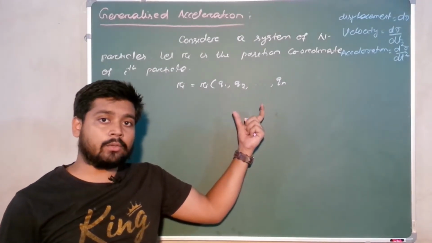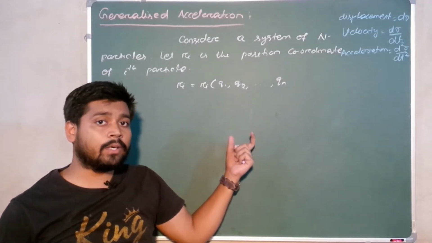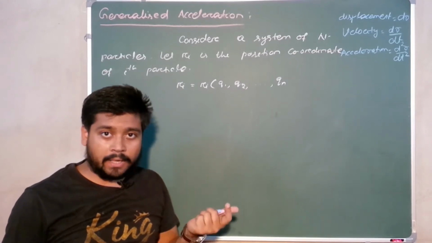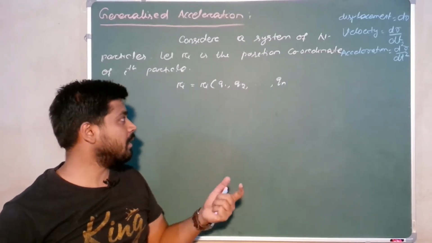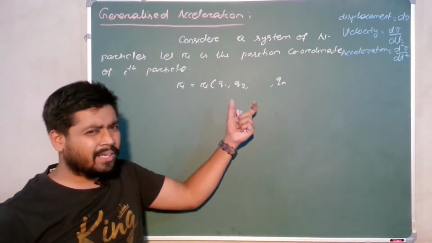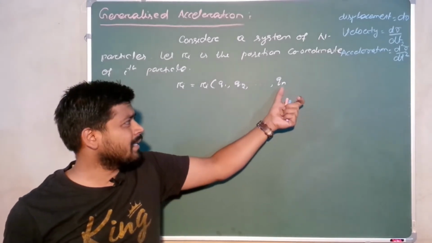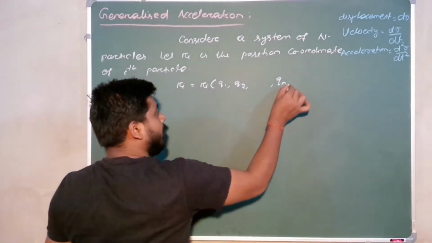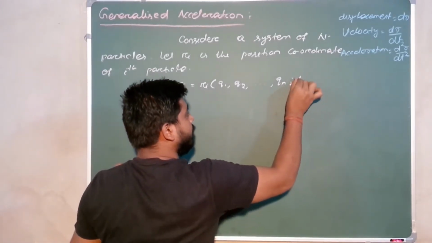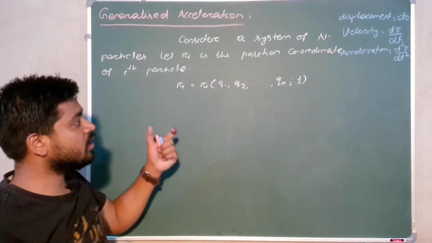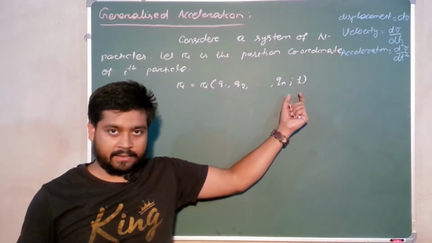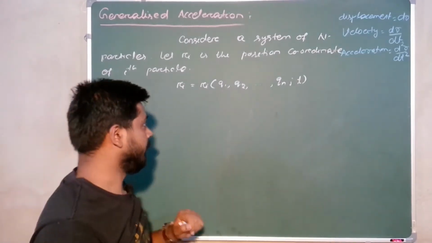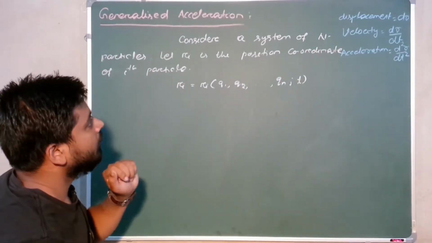As in Cartesian coordinates we have x, y, z, in cylindrical coordinates we have rho, phi, z, in spherical polar coordinates we have r, theta, phi. In a similar manner, in generalized coordinates we have q1, q2, q3 up to qn. This n is 3N minus c, the degrees of freedom. Then another one is there, that is t, which means the constraints may depend upon t.